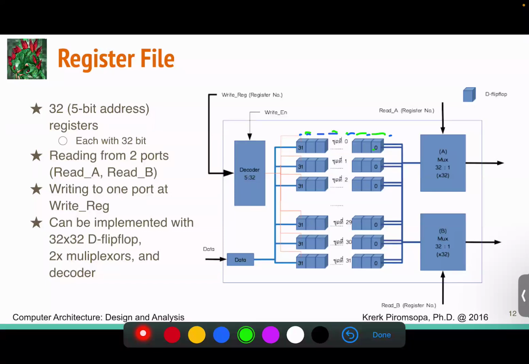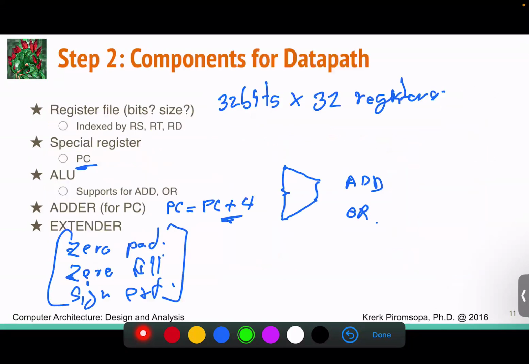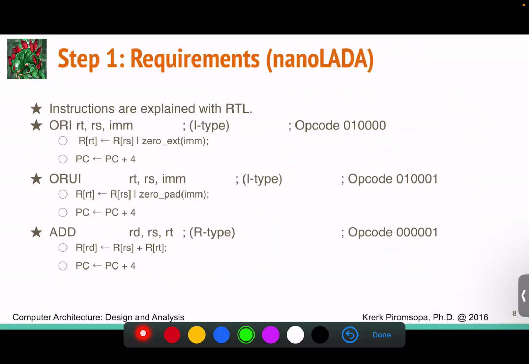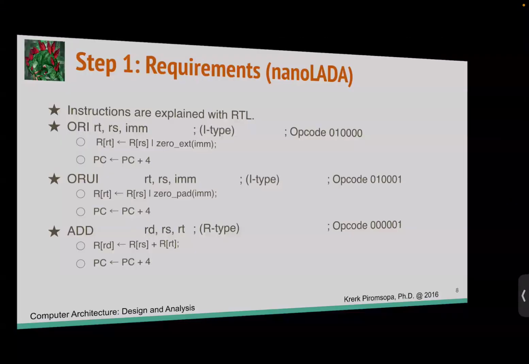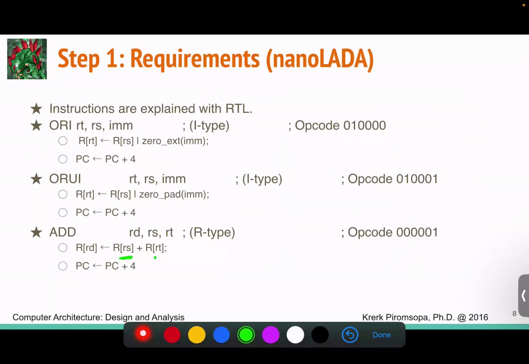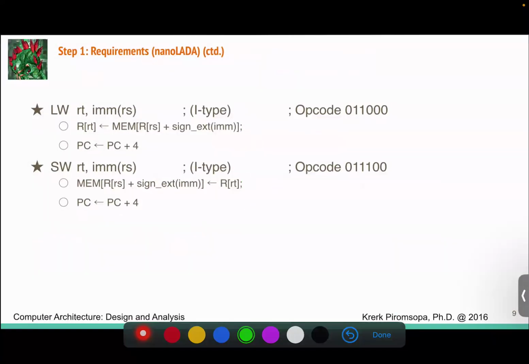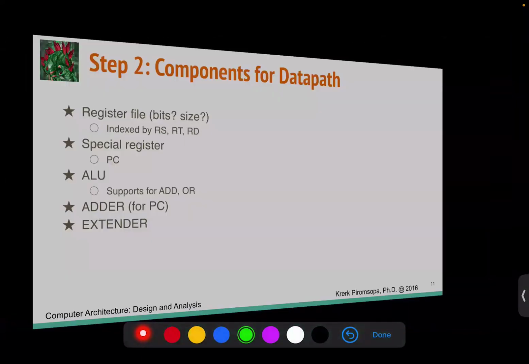And we must be able to read two registers at a time. Why? Because if you take a look at an instruction like add, we must be able to read RS and RT at the same time. So how can we read from two registers at the same time?